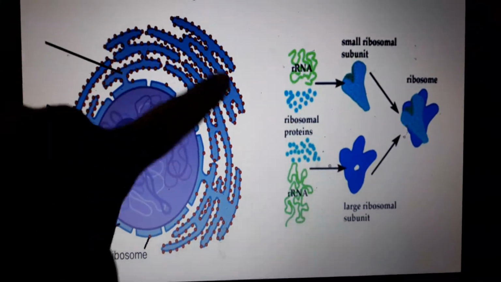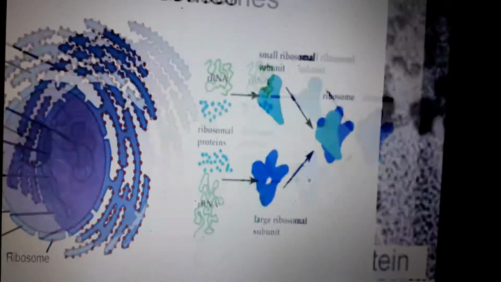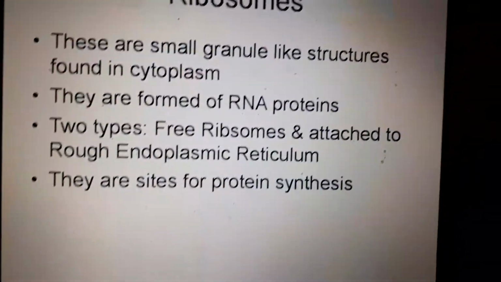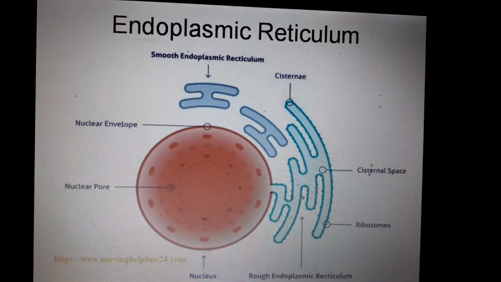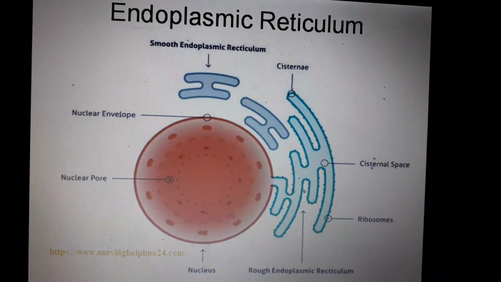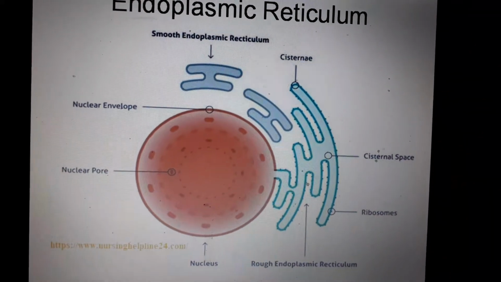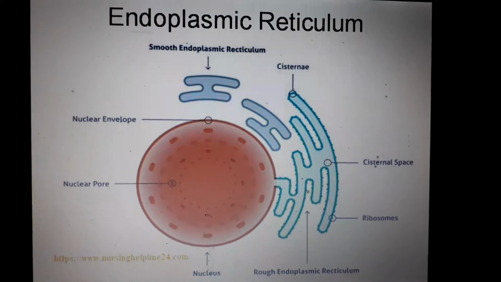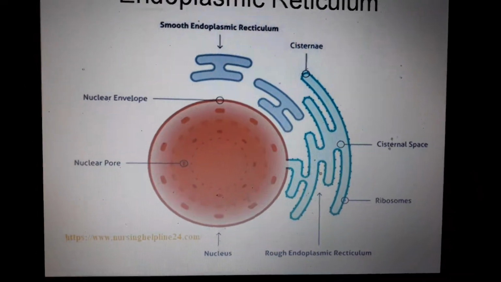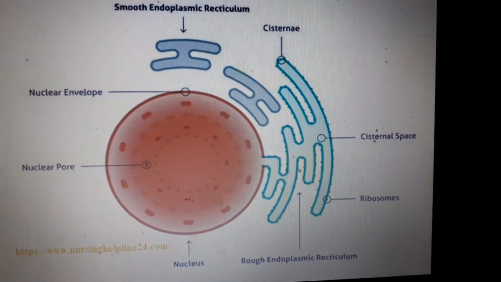These blue tubes are called endoplasmic reticulum, and they are present around the nucleus.